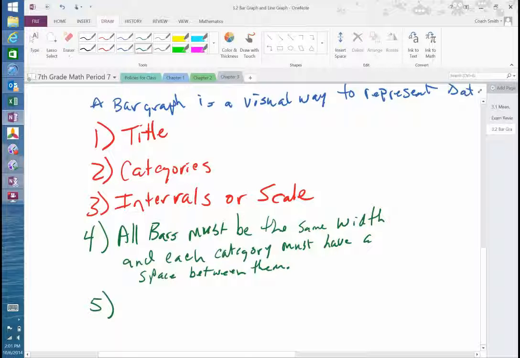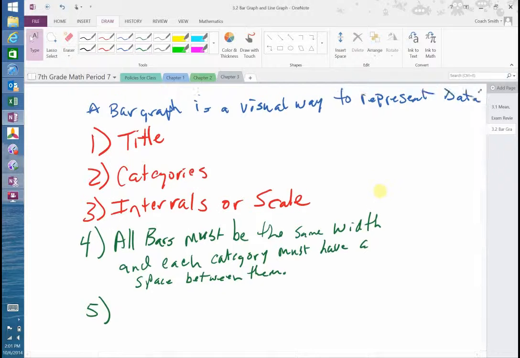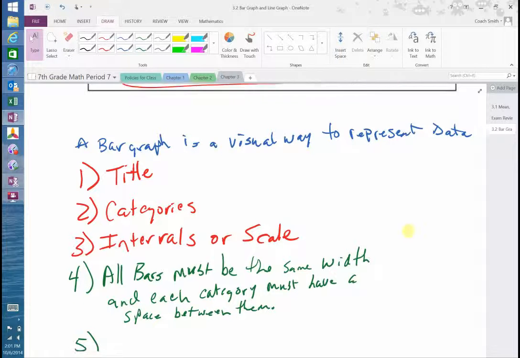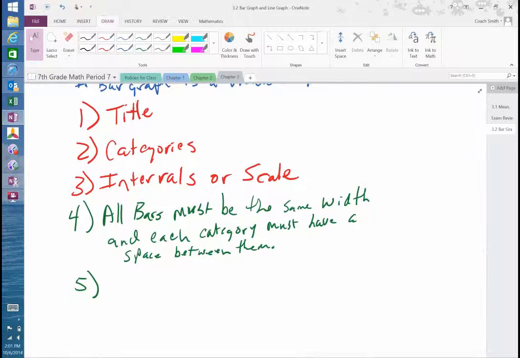Number 5, and I'll show you that about the bars being the same width and the space in just a second.